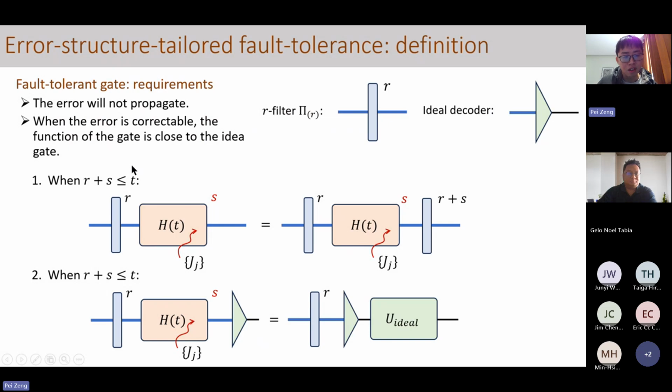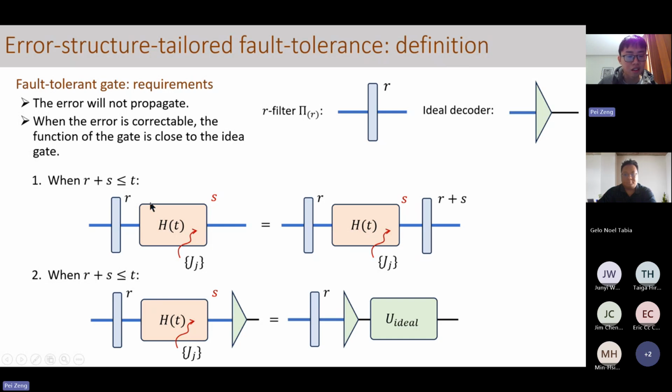This fault-tolerant gate will satisfy these two requirements. The first requirement is that when the input error passes the R filter, and during this dynamical procedure the dynamics is truncated to the S-th order, which means at most S errors happen during the continuous dynamical evolution, the output state can pass the R plus S filter.